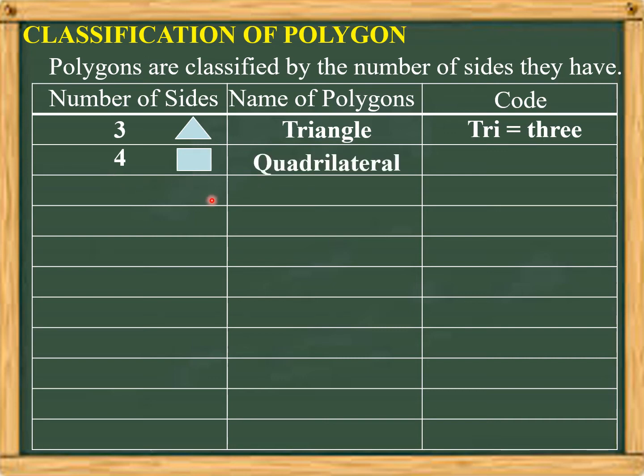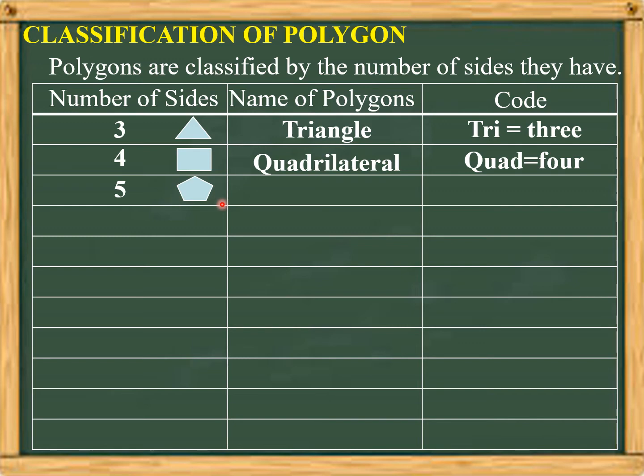Next, if we have 4 sides, ganito naman ang figure niya. So, ang tawag diyan ay quadrilateral. So, our code dito ay quad or yung prefix na ginamit natin, quad, which means 4. Okay? So, under ng quadrilateral, yung square, rectangle. Basta 4 sides, quadrilateral. Next, let's have 5 sides.